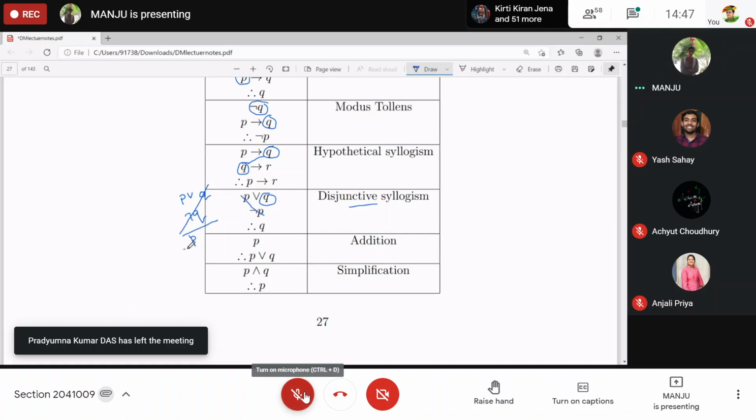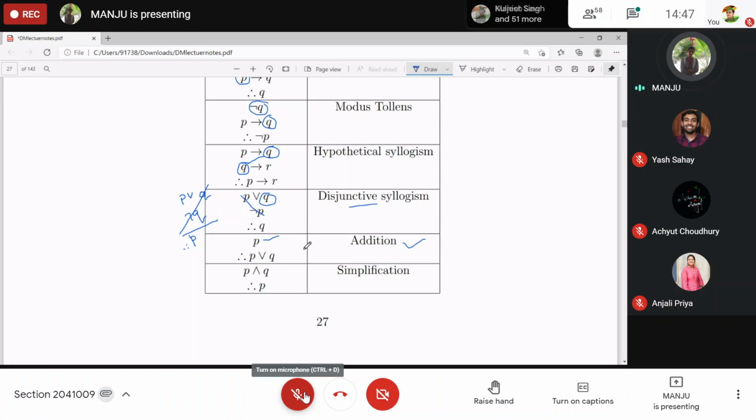So this is disjunctive syllogism. Then addition: if you have any statement, you can add any other statement which is not even given by using the disjunction operator, that is the OR operator. And simplification: from P conjunction Q, you can simplify P if you need. You can also simplify Q if you need.